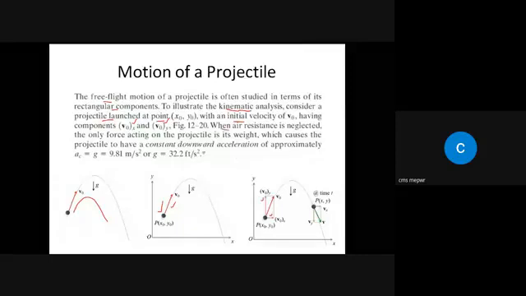When air resistance is neglected, the only force acting on the projectile is its weight, which is due to gravitational attraction, the pull with which the Earth attracts the body. This causes the projectile to have a constant downward acceleration of approximately 9.81 meters per second squared.